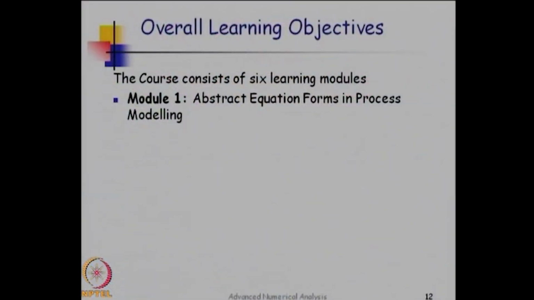So this course consists of 6 learning modules. Actually here I am talking of what the course ideally should consist of. At the end of this slide I'll tell you what I'm going to lecture on. But this course initially should begin with relating abstract equation forms to process models.